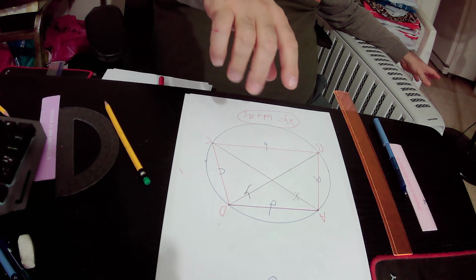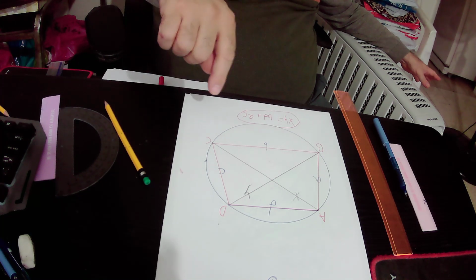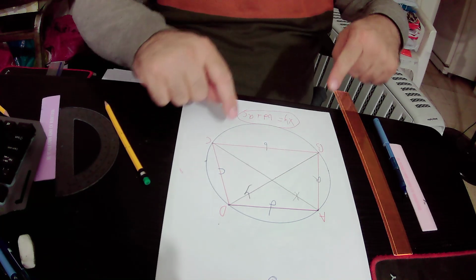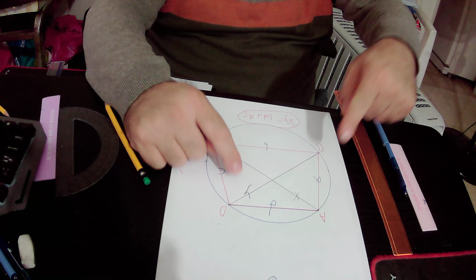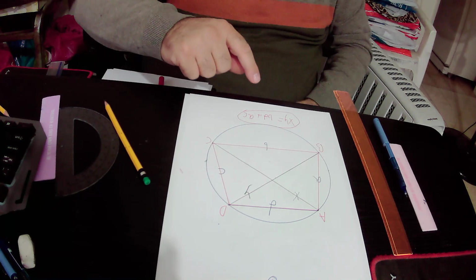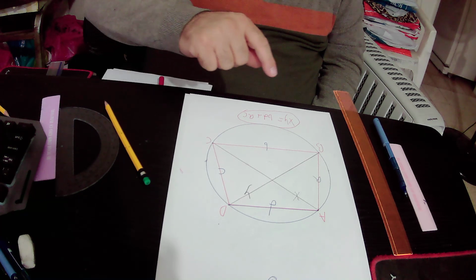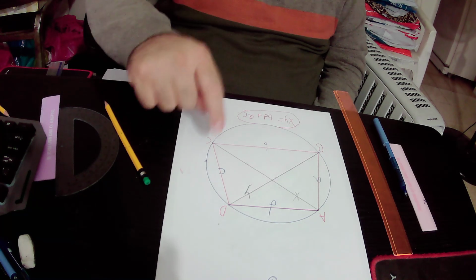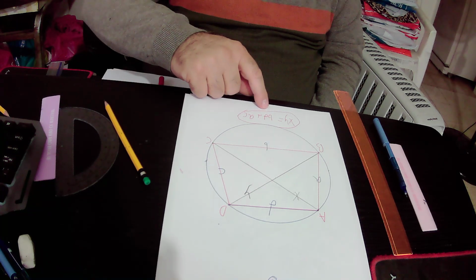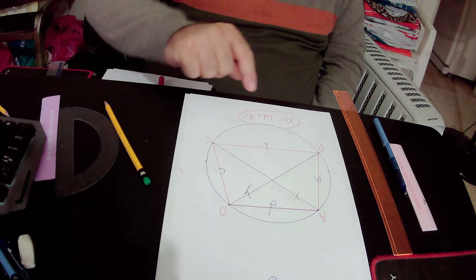So only if we have quadrilateral ABCD inscribed by a circle, like in this drawing, then the product of its diagonals, X times Y, equals the sum of the products of its opposite sides. That sum is BD plus AC, because B times D is the first product and A times C is the second product.